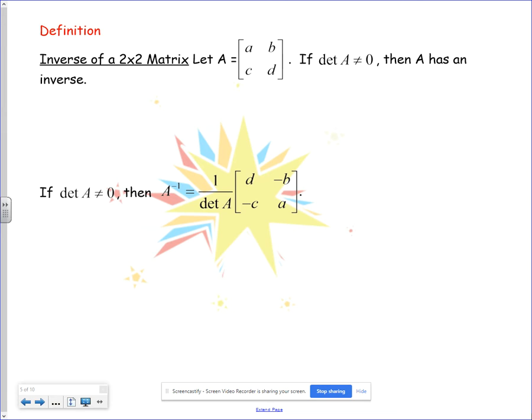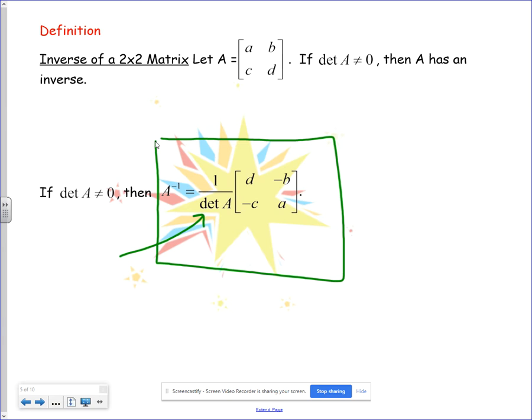Right here is the formula for finding the inverse of A. It's equal to 1 over the determinant of A. Remember, the determinant of A is just a value. That's A times D minus B times C. That's what the determinant of A is.